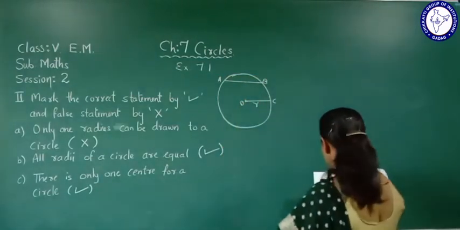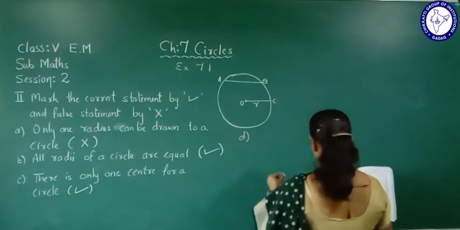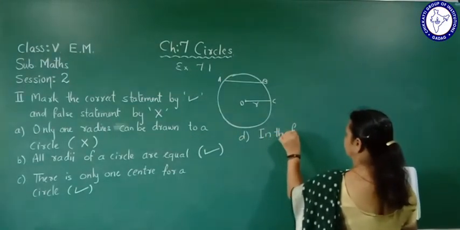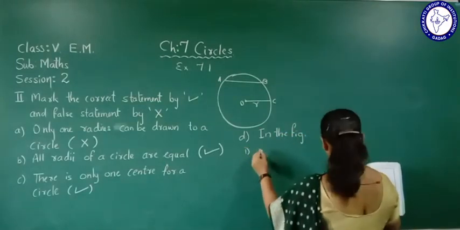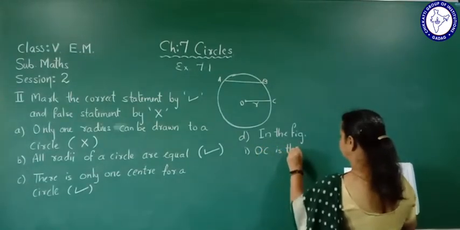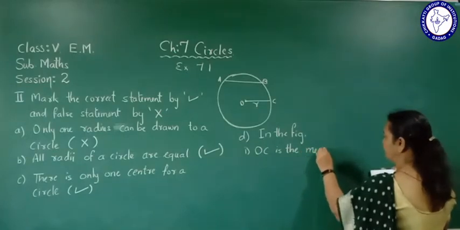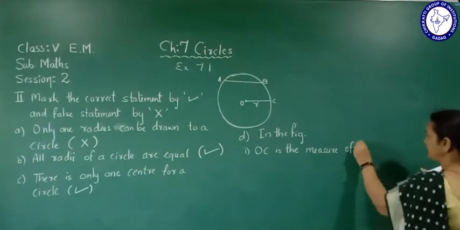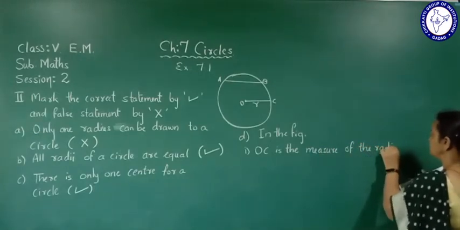Okay, so here D question, in the figure first one, OC is the measure of radius. Check the figure, is it true?